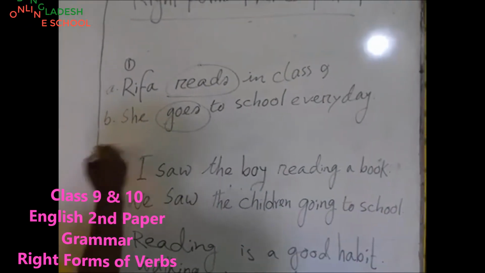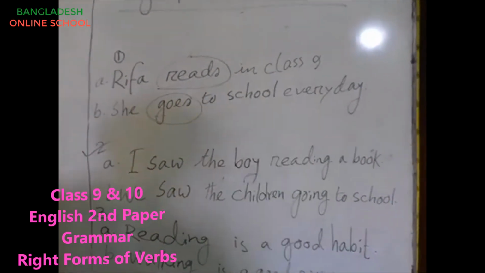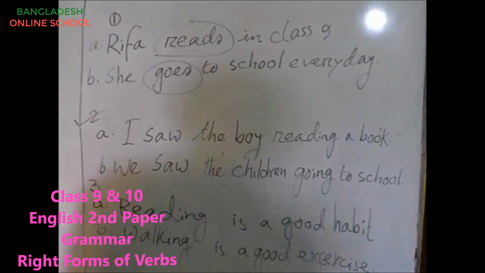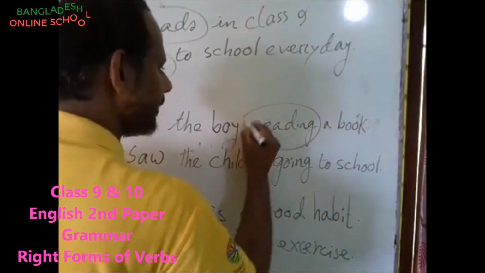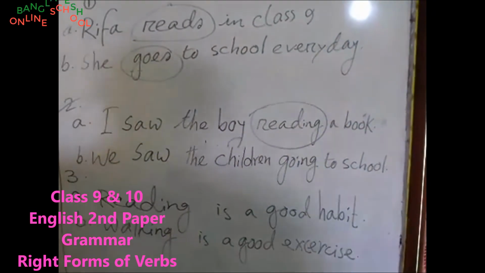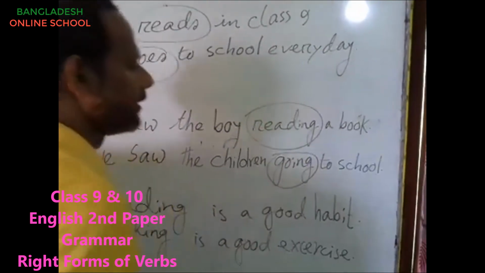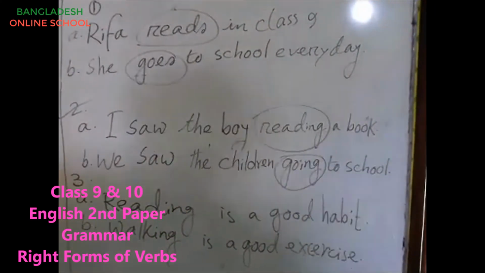In the second slot, you see two examples. I saw the boy reading a book. Here the word is reading. We saw children going to school. Here you notice the word going.